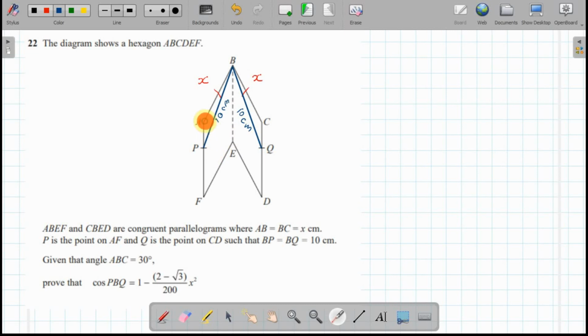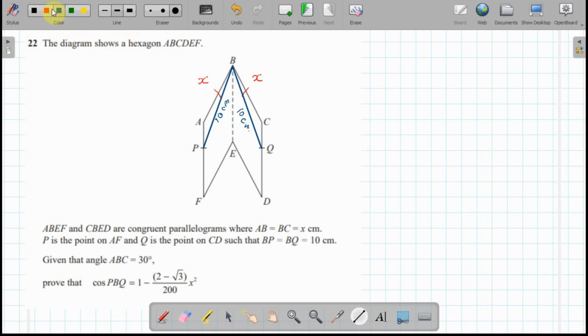So the distance from A to C would be double the perpendicular height of each parallelogram. That would also be the same for the distance between P and Q. So AC is equal to PQ. I just wanted to clarify that before we started answering the question.